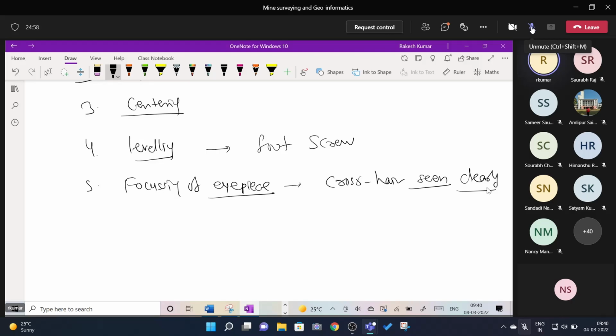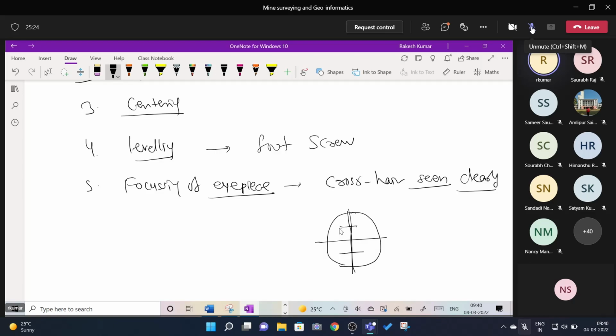Have you seen a photo of a crosshair? If you focus the eyepiece, it looks like that. So we take the reading by this line. There are different crosshairs available in the world.